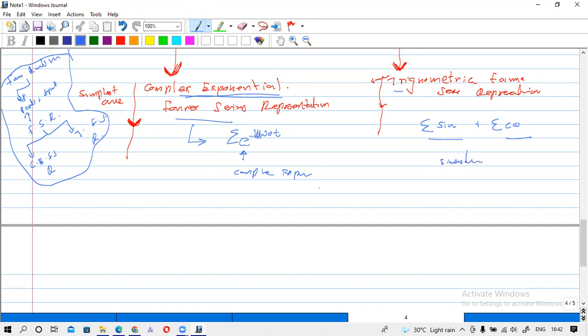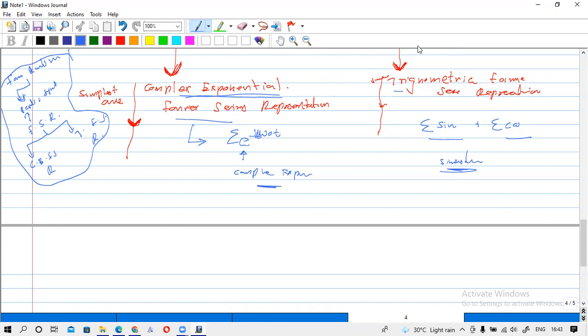So tell me what is the common property of these two signals, complex exponential signal and sinusoidal signal? What is the common property? Five or ten minutes before, I told you the answer.